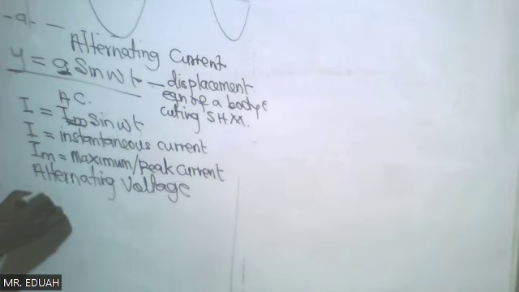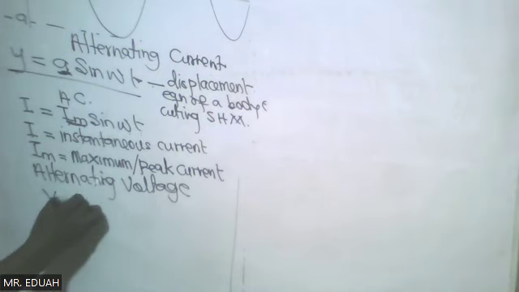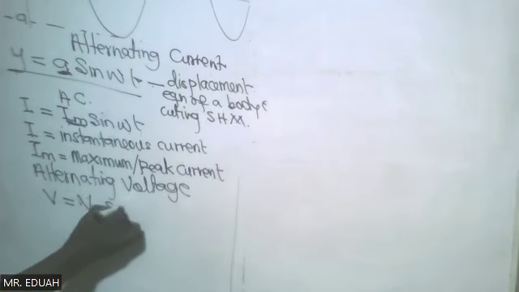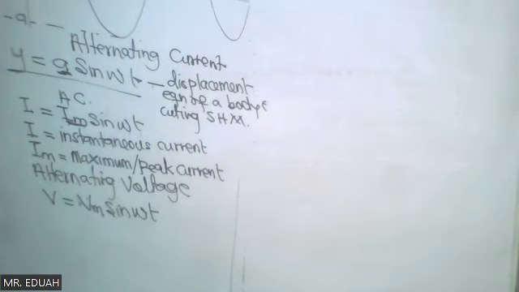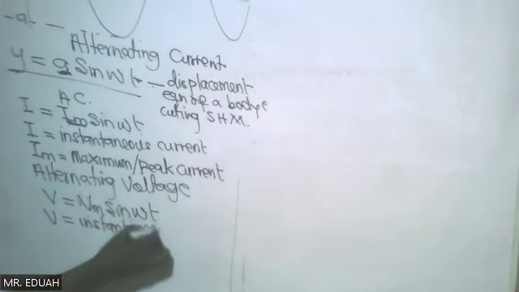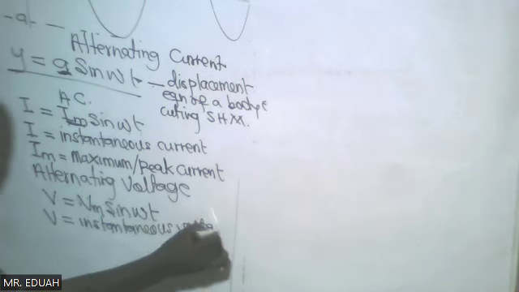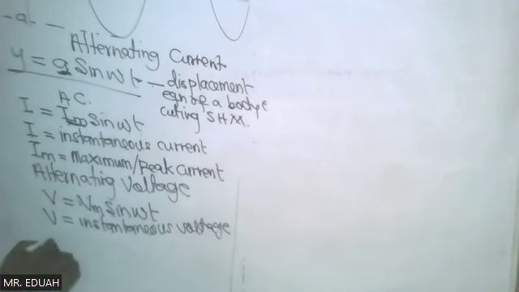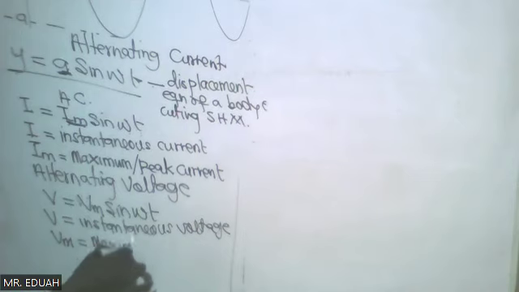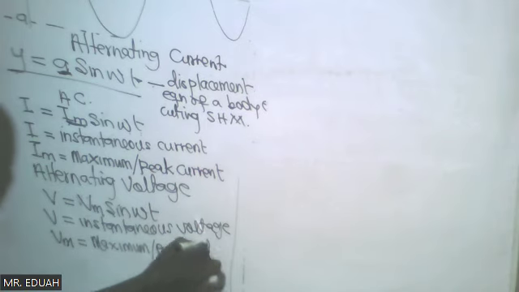So for alternating voltages, we also have V is equal to Vm sine omega t, where V is known as the instantaneous voltage, and Vm is the maximum voltage or peak voltage.